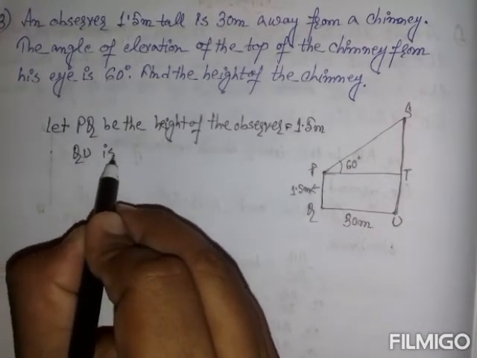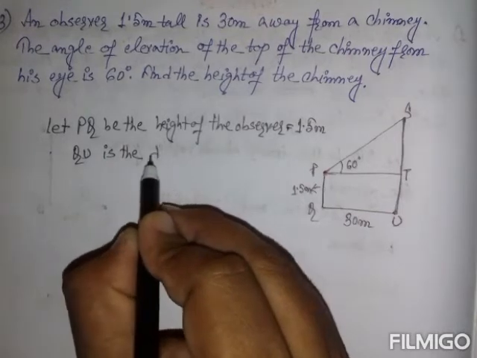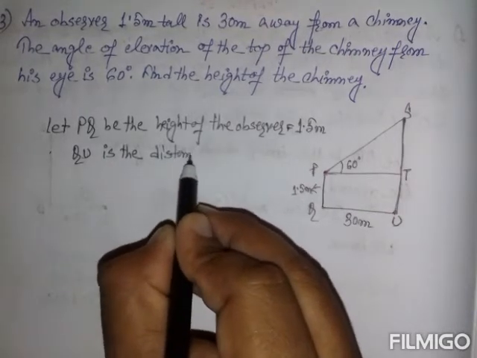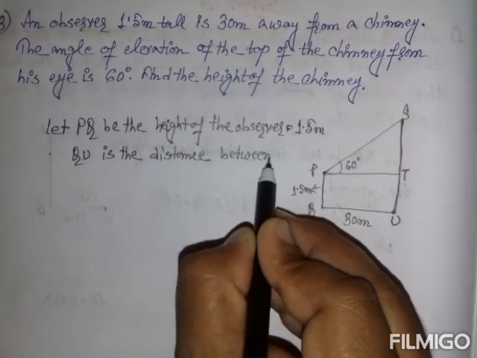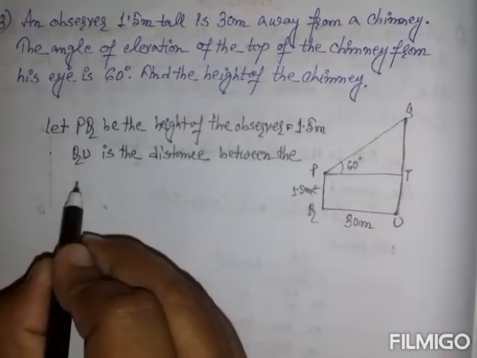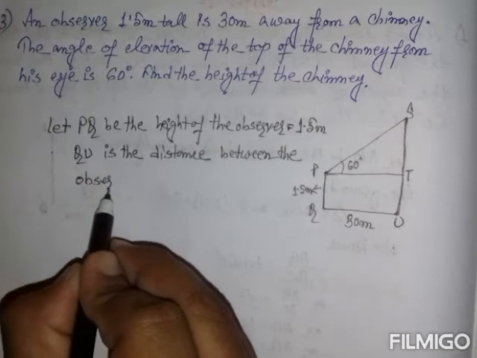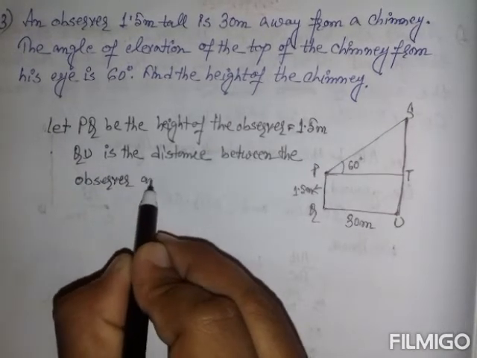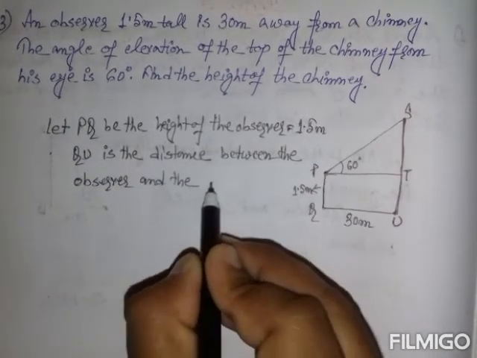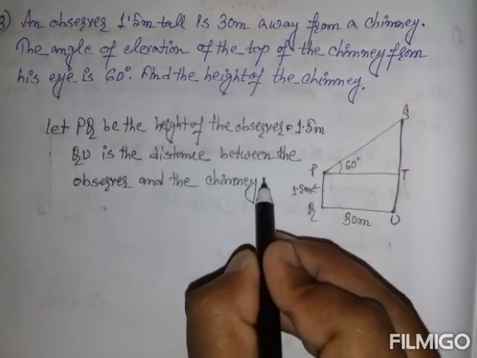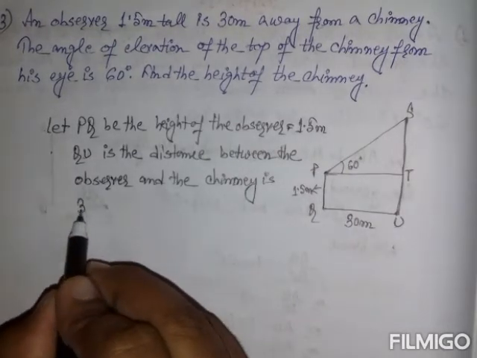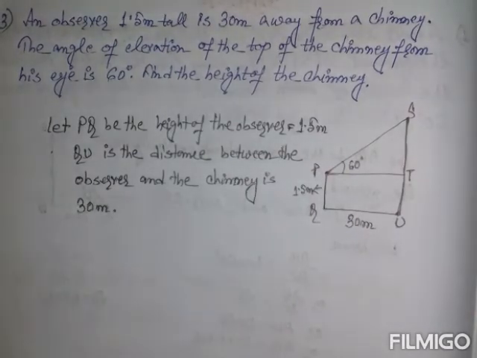QU is the distance between the observer and the chimney, which is 30 meter.